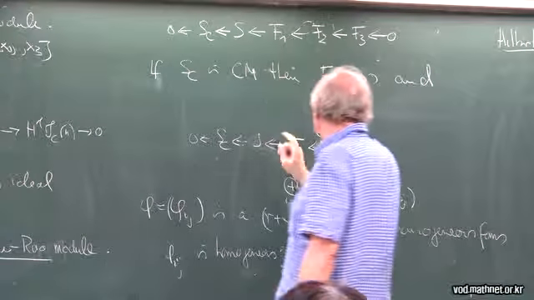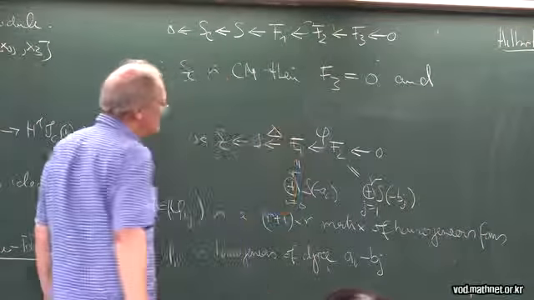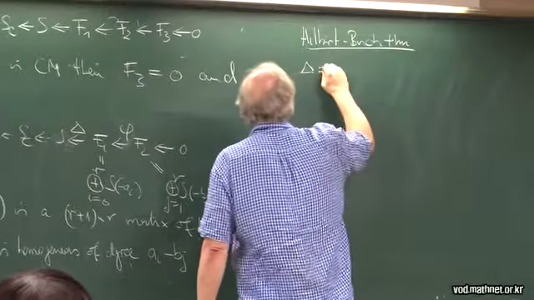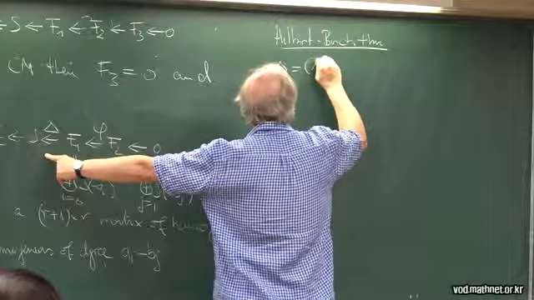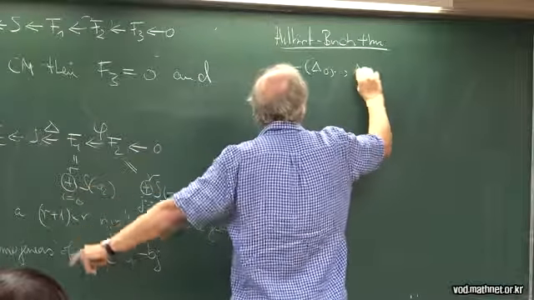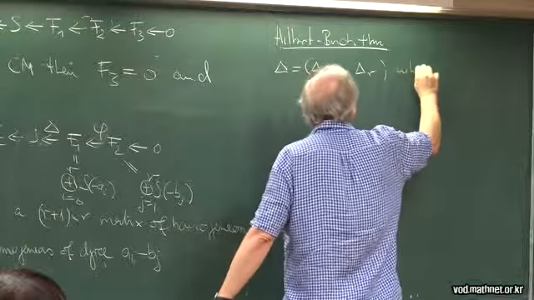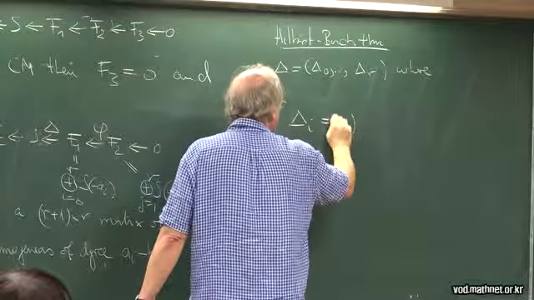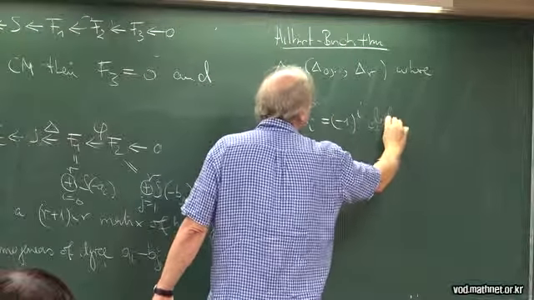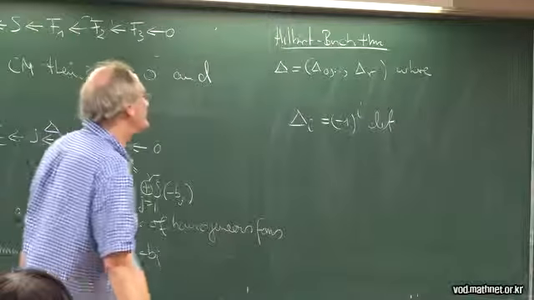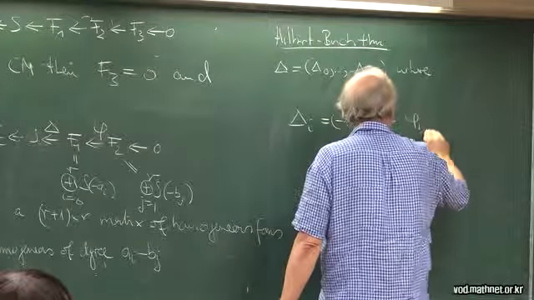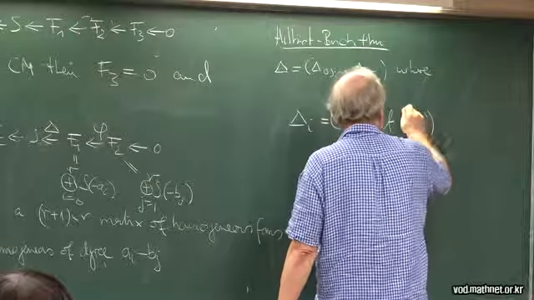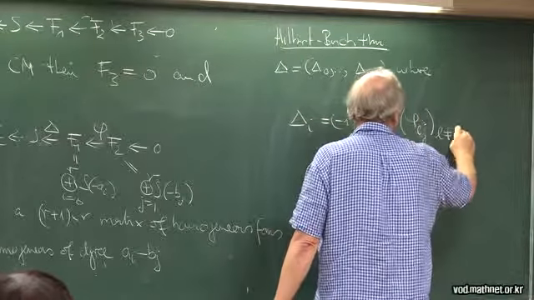It says that the first map delta is given by a row vector, delta_0 up to delta_r, where delta_i is equal to minus 1 to the i times the determinant of the matrix phi_lj, where l is not equal to i.